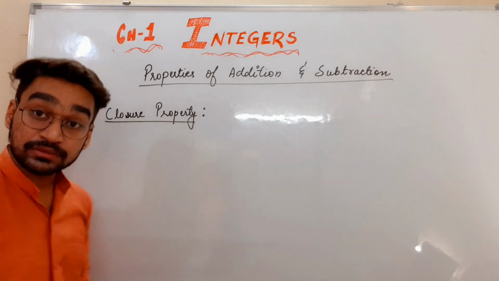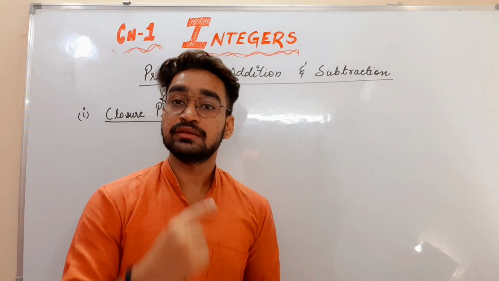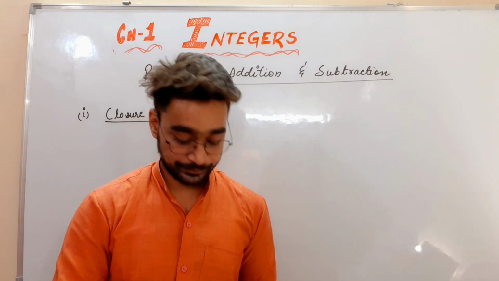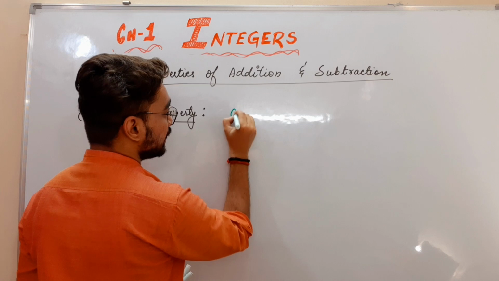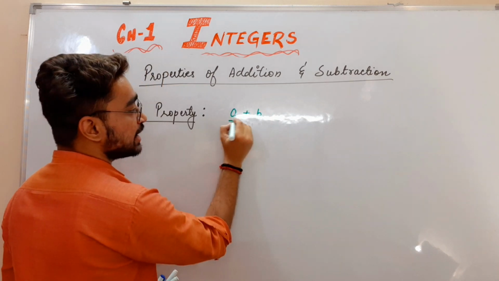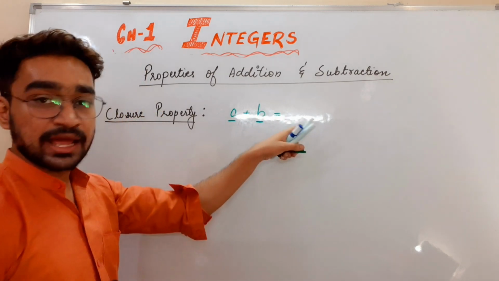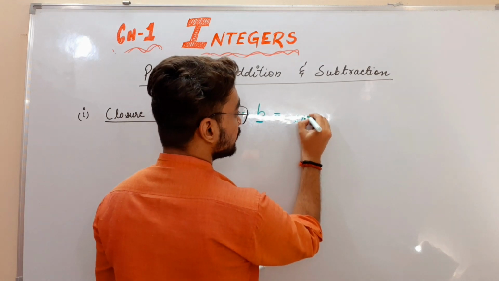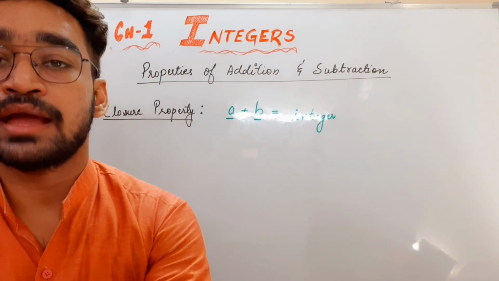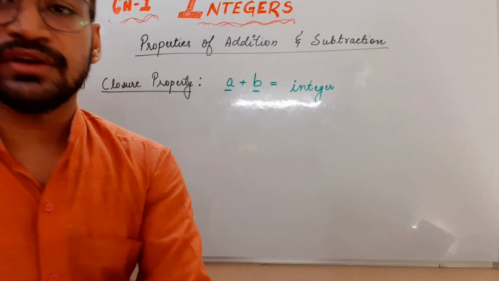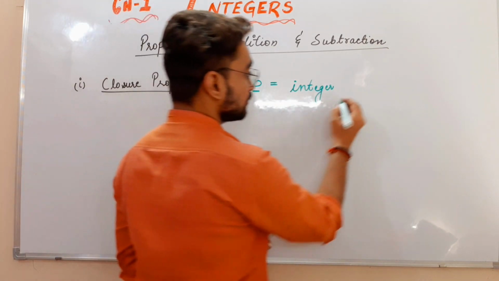What does the closure property say? It says that if we have two integers, then while adding them, the result will also be an integer. For example, a plus b: a is an integer, b is an integer, and whatever result I get will also be an integer.